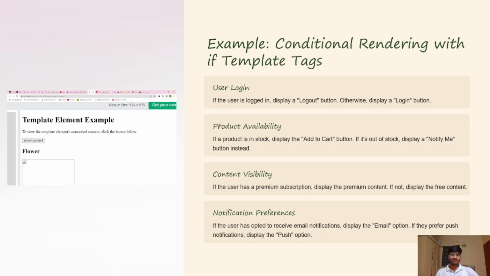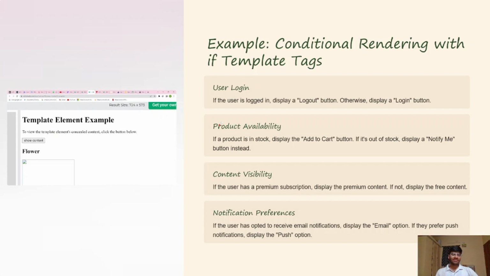Then taking an example as conditional rendering with if template tags. So here I have taken a template where we have a home page, the web page that displays the template elements as an example. So it has user login. If the user is logged in, then we display logout, otherwise display the login button. Then the product availability: if the product is in stock, then you display add to cart, otherwise you put notify me instead.